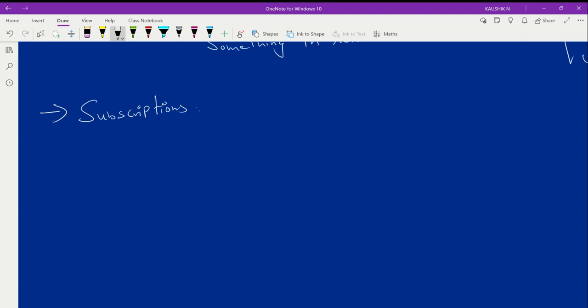Very good. So in general terms, we can say subscription is nothing but the public response towards the shares of a company. So the public response towards the shares of a company can be called subscriptions.